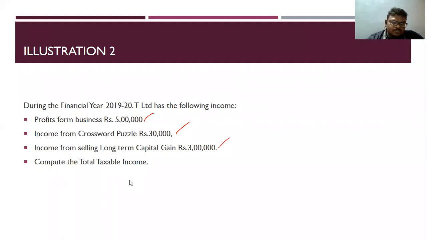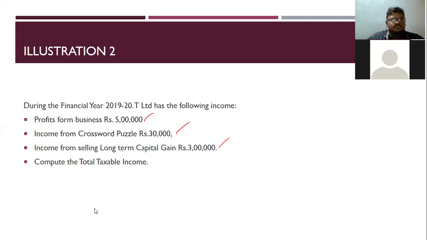8,30,000. Okay, correct. Okay, next. Okay, Pramod, for you the question. Ma'am, can you unmute Pramod, ma'am?